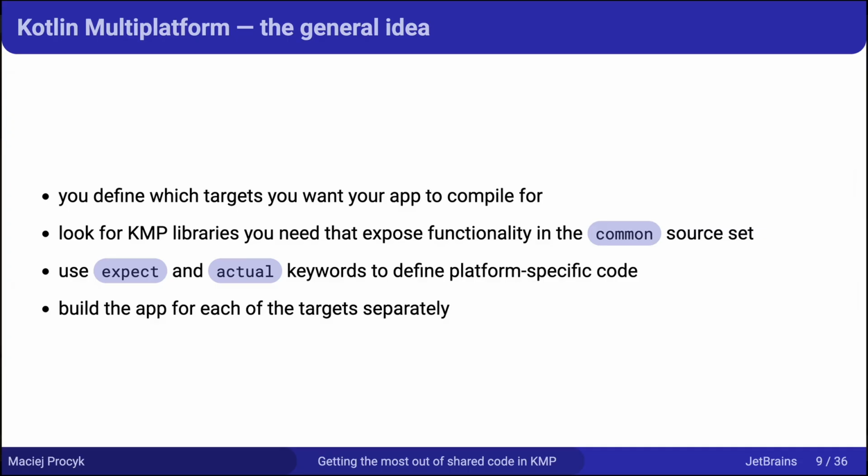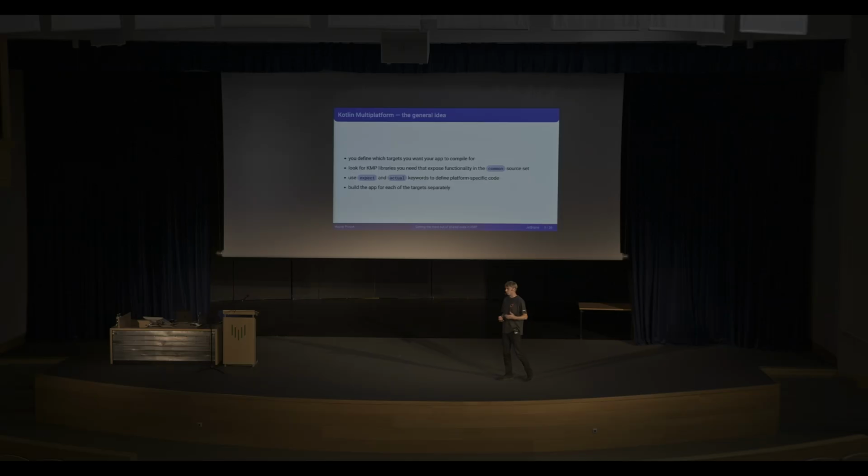As I mentioned, Kotlin Multiplatform builds for each of the targets separately, so just the code that you place in the shared part is reused when compiling to each of them.